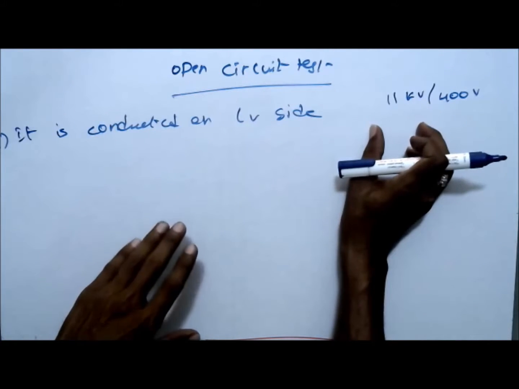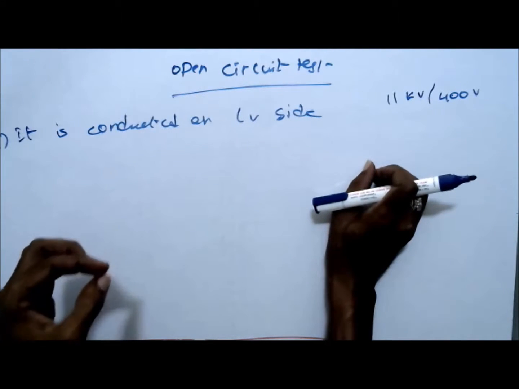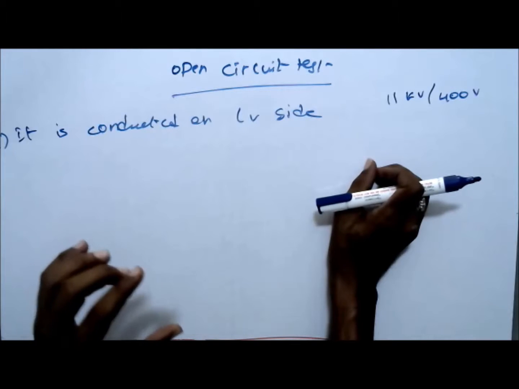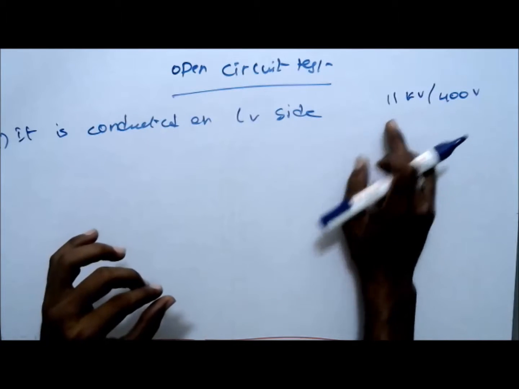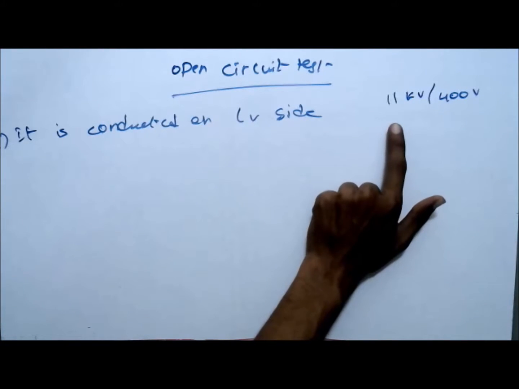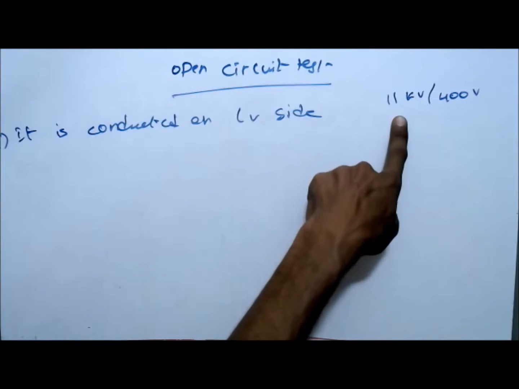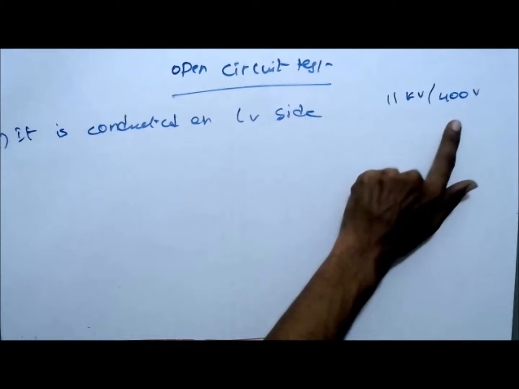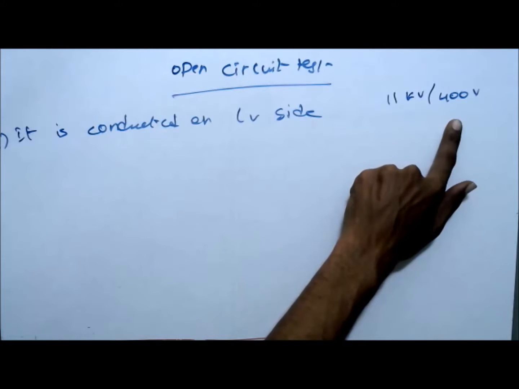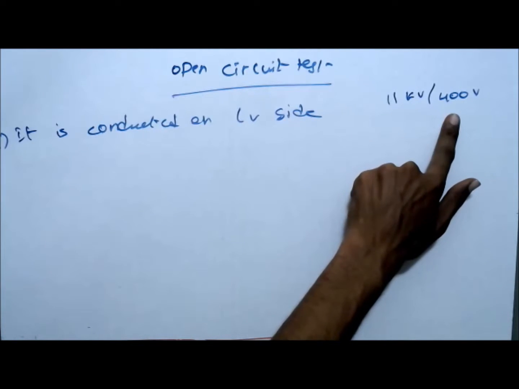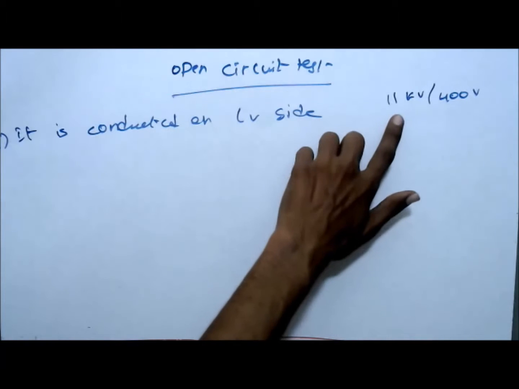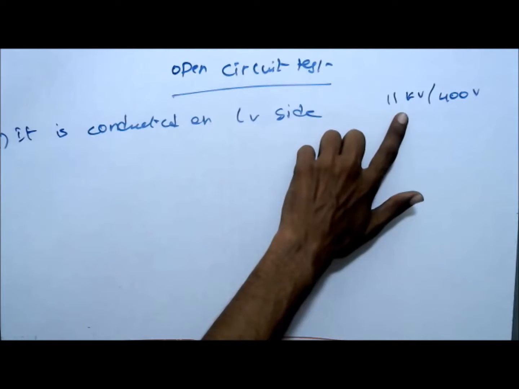We have to conduct the open circuit test. If you connect the meters on the HV side, you have to open circuit the LV side. If you connect the meters at the LV side, then you have to open circuit the HV side.